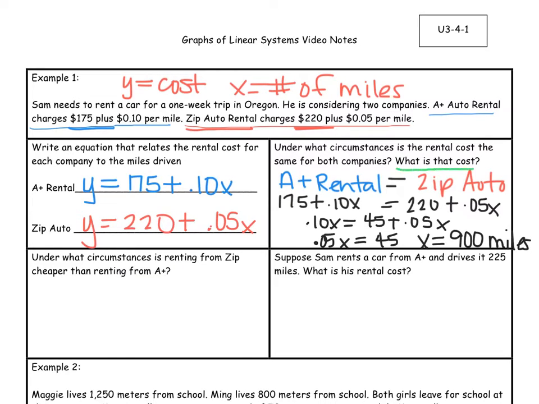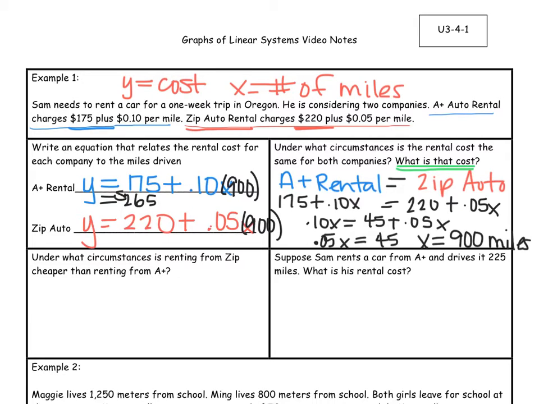The second part of that question is what is the cost. So if we plug 900 into both of these equations, we should get the same thing. So let's go ahead and do that. It doesn't matter which equation you pick. So if I take out x and I plug in 900 into this equation, or if I plug in 900 into this equation, what we're going to get for each of these is $265.